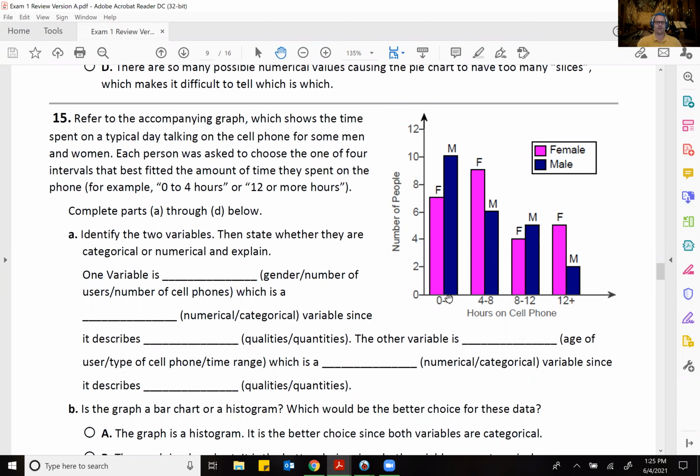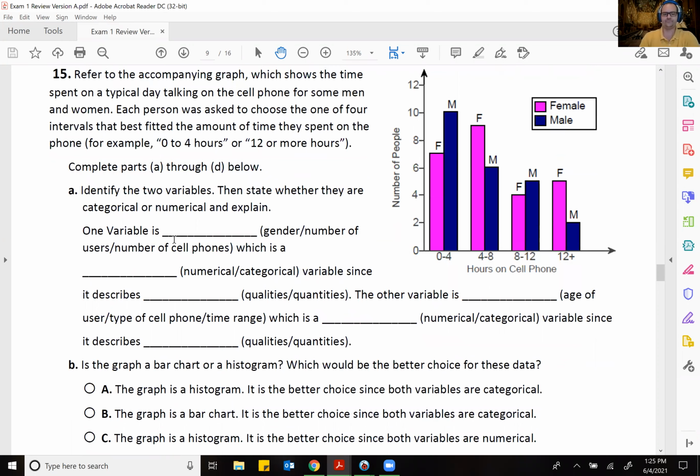So the intervals are like 0 to 4, 4 to 8, 8 to 12, 12 and on. So the first one is we're going to talk about the variables. We want to identify the 2 variables and then state whether they are categorical or numerical. So one variable is blank: gender, number of users, number of cell phones.